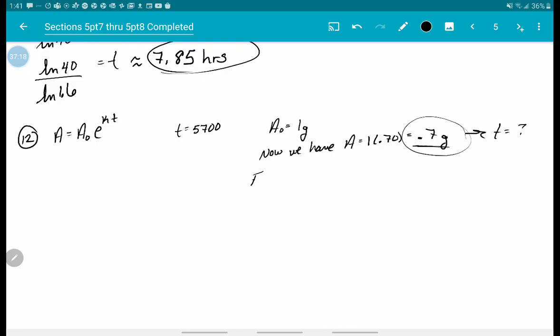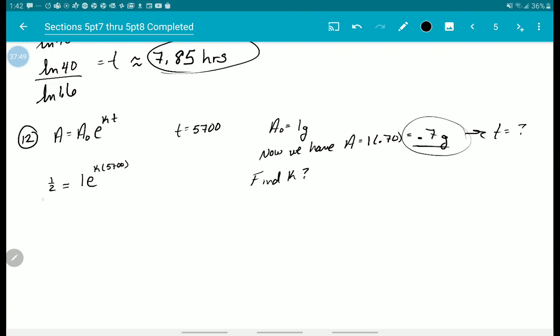So we've got to figure out first what K is. What is that decay rate? So let's substitute in what we know. We know that if we start with 1 gram, then after 5,700 years, we're going to have half a gram left. Okay, and like we said, it doesn't matter how much we start with here. We could use 1, we could use A. Setup's going to be pretty much the same.